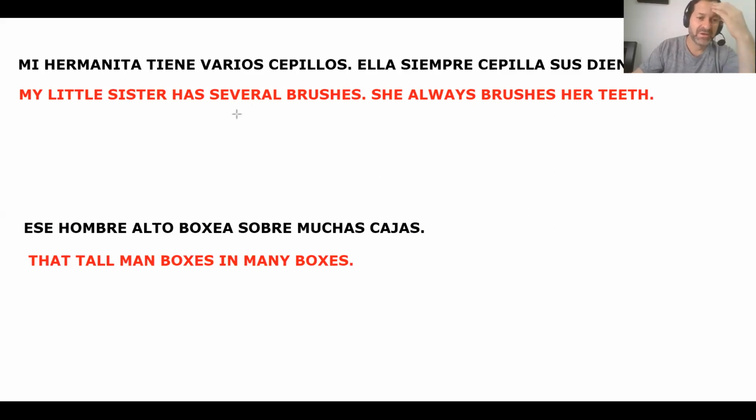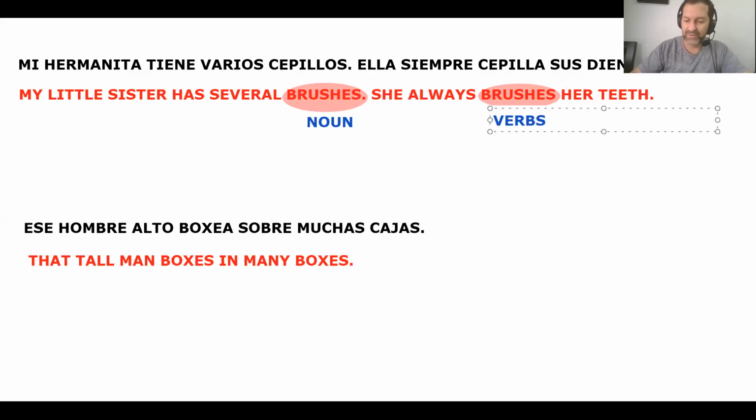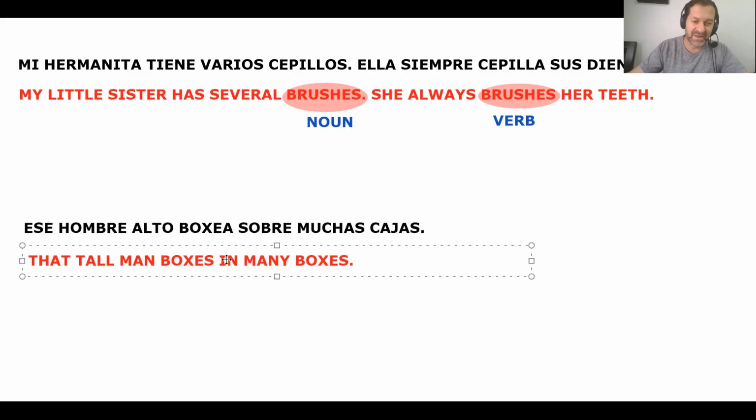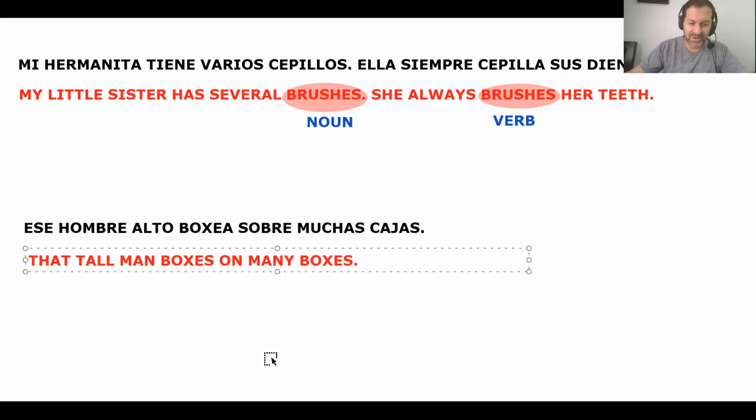Well, as you could see, here we have repeated some words. For example, here you have brushes, all right, which is a noun, and brushes, which is a verb. Okay, let me write here. You have brushes, a noun, and here brushes, a verb. And the tall man boxes on, I made a mistake here, on many boxes.